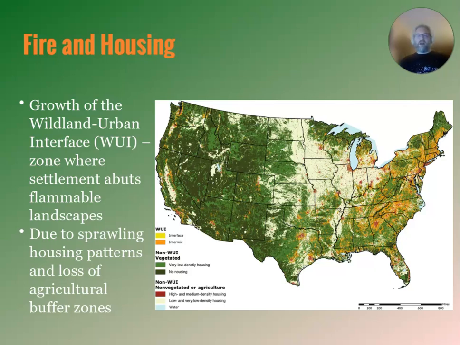So we're seeing a growth of WUI landscapes all around the country. And this is due to a combination of, on the one hand, sprawling housing patterns. So we are building our new houses farther and farther out from the centers of our cities. If you look, for example, at Pittsburgh, you'll find that the city of Pittsburgh has been losing population every decade since, I believe it was the 60s was the peak population for the city of Pittsburgh, like the actual city boundaries that are governed by the mayor and council of Pittsburgh.